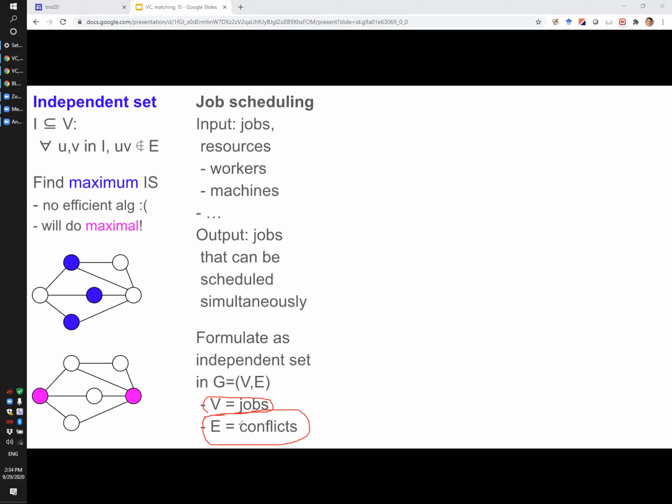So if two jobs cannot be executed simultaneously, for whatever reason, because they require the same person or the same machine or something else, you connect them by an edge. And then finding a subset of jobs that can be executed simultaneously is equivalent to finding an independent set in this graph. And this is how we're going to work with job scheduling.